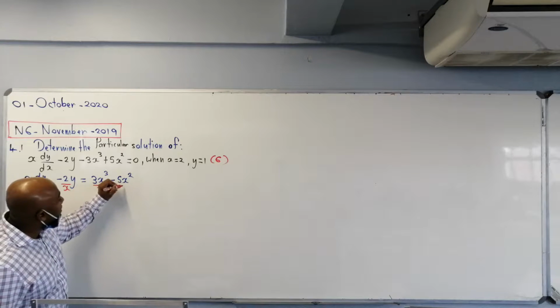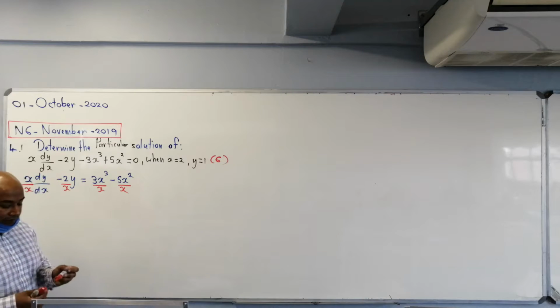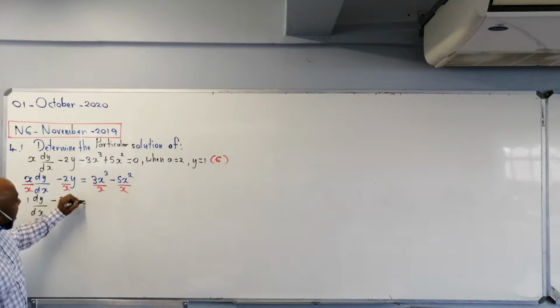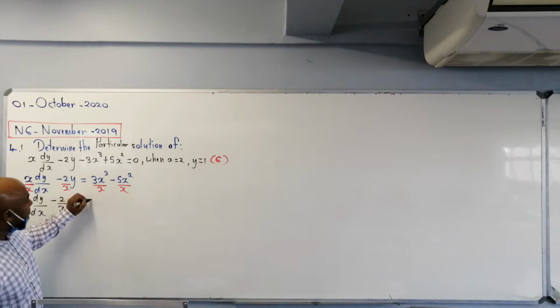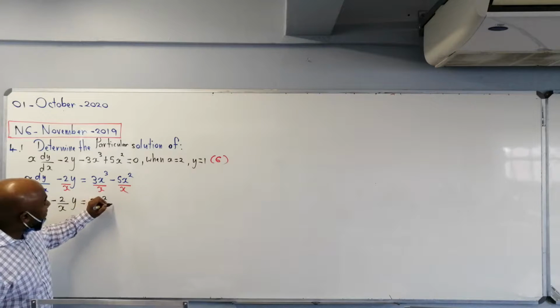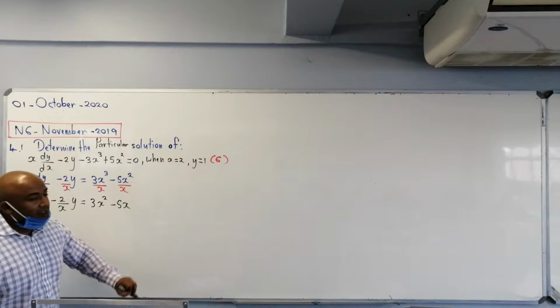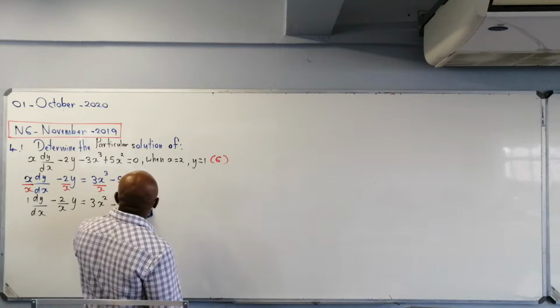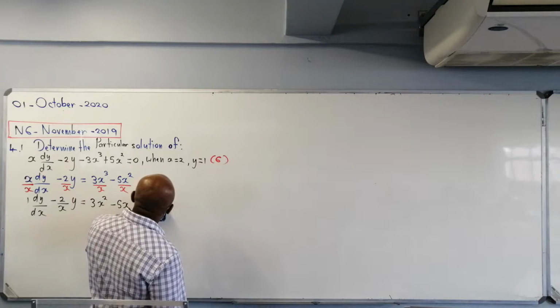It means the same thing. So here I've got my positive 1 dy over dx minus 2 over x times y equals 3x squared minus 5x. Right, so now this is in standard form.